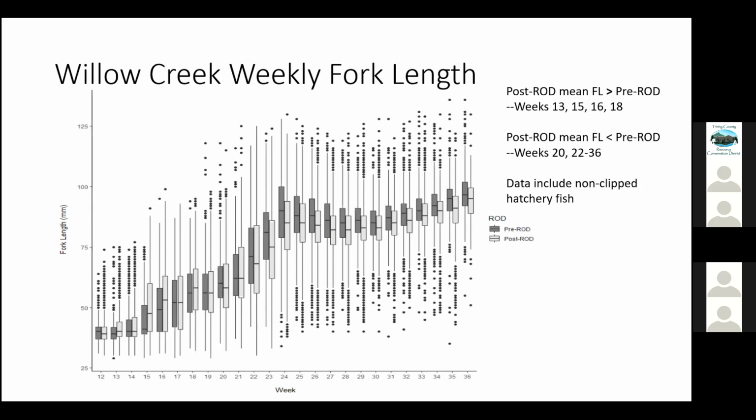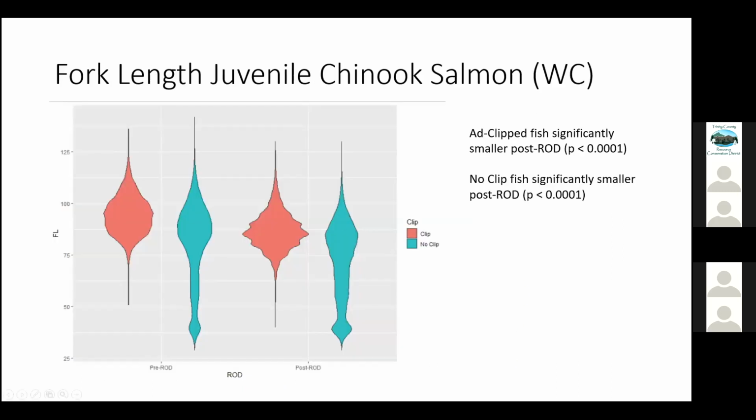Okay. So then can you go to the violin plots too? Oh, there we go. I'm just curious about your thoughts. What I see here is a pretty strong pattern in the no clip fish that matches the hatchery clipped fish.